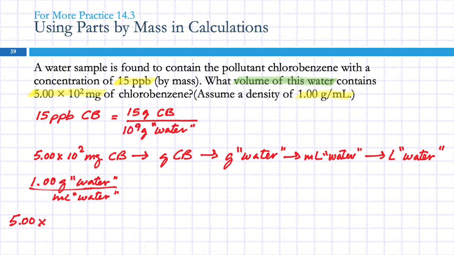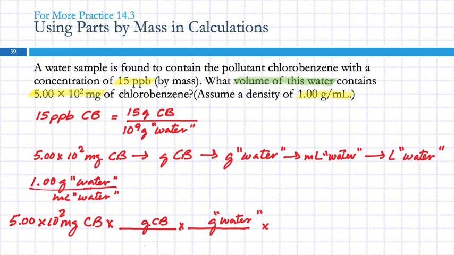5.00 times 10 to the 2 milligrams of chlorobenzene. And then I'm converting that to grams of chlorobenzene. And then I'm converting that to grams of water. And then I'm converting that to milliliters of water.